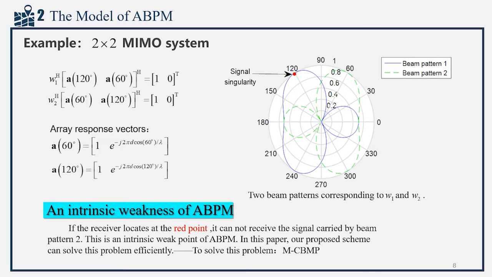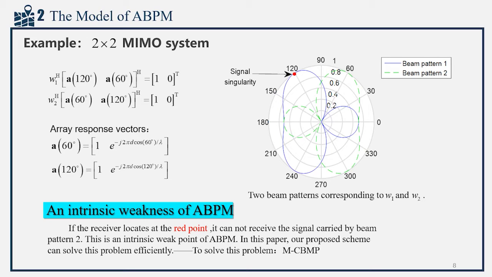In order to understand the principle of ABPM, we take a 2x2 MIMO system as an example. The array response vectors and the two beam patterns are given out. Obviously, there is large difference between two beam patterns.